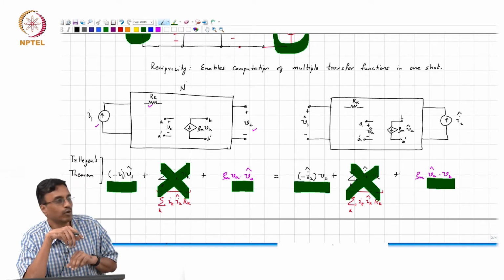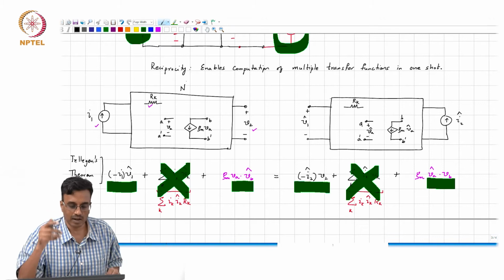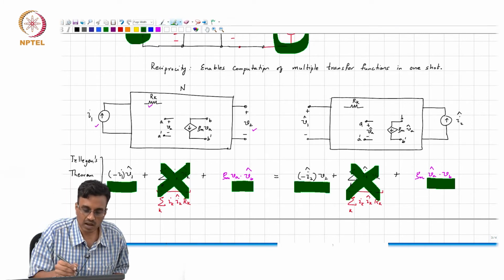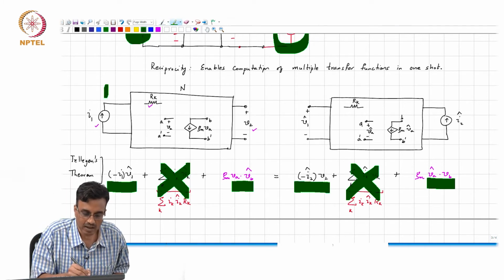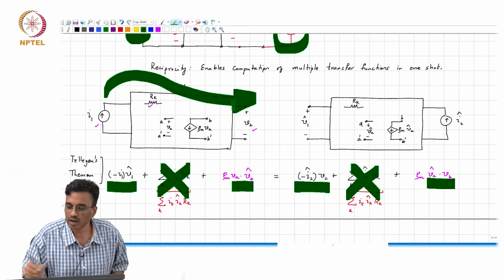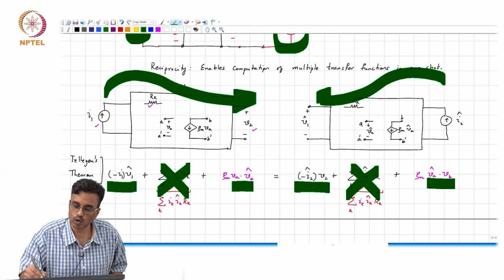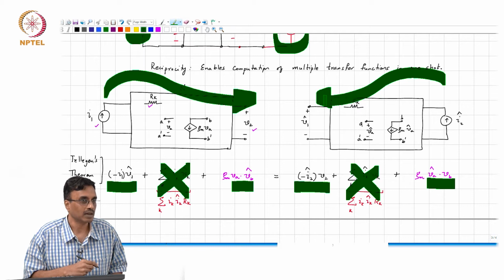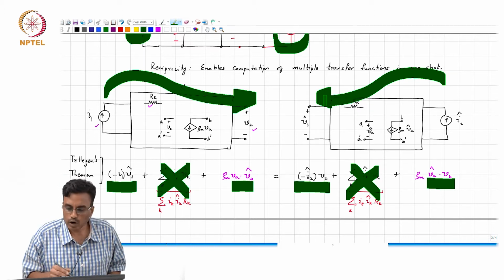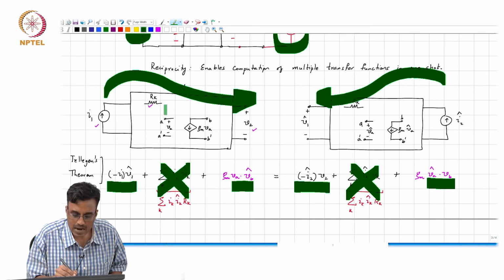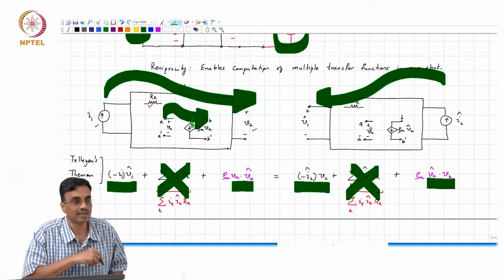Okay. So, if you have any hope of making this work, what you were hoping to find with reciprocity is that the transfer from here to here is the same as the transfer from here to here, correct? If that were to happen, you can see that from A to B, signal flows like this, right?